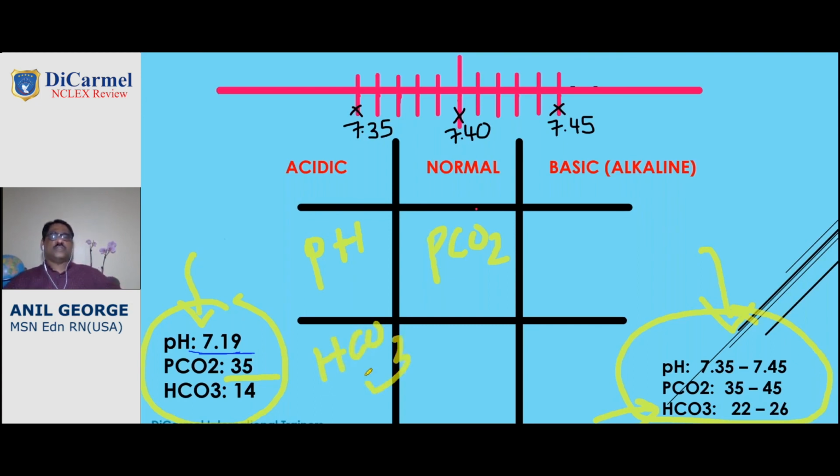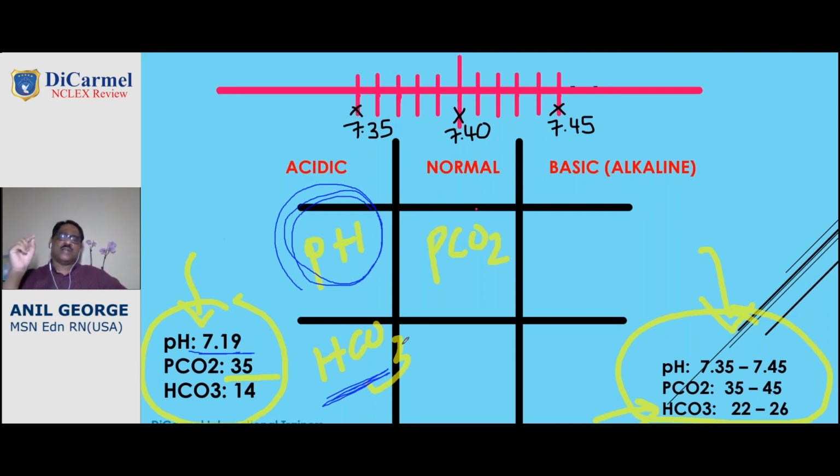So what is the interpretation of this given situation? First of all, you definitely know it is uncompensated, because the pH is on the acidic side. It is 100% acidosis. And what is the underlying reason? Because the bicarb is too low. Bicarb is too low and the pH is down. So that is metabolic acidosis, and it is uncompensated.